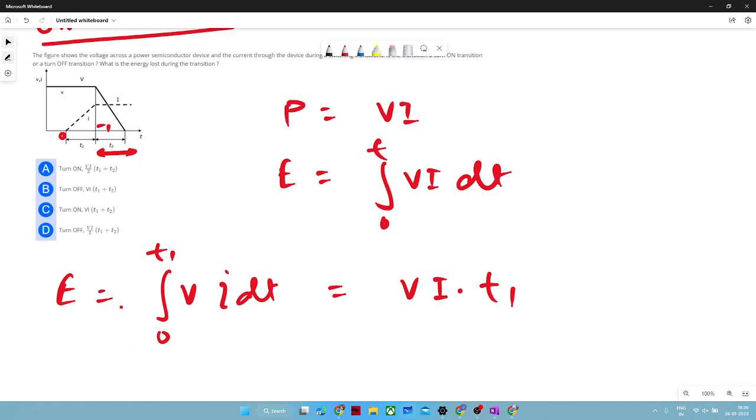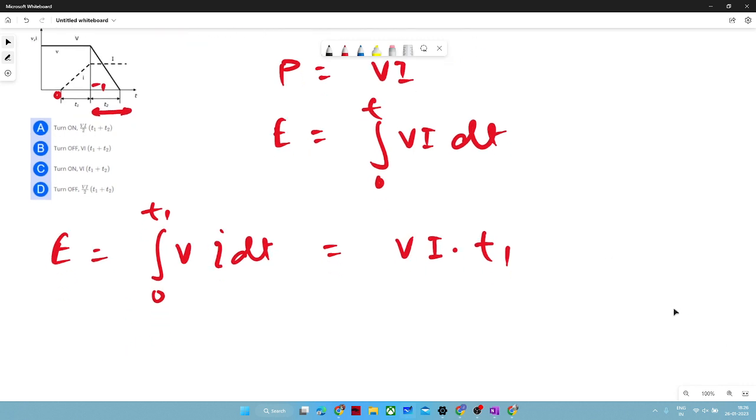And during on transition, we will again calculate it from 0 to t2. We will take the same condition. It was for off. It is for on, 0 to t2.